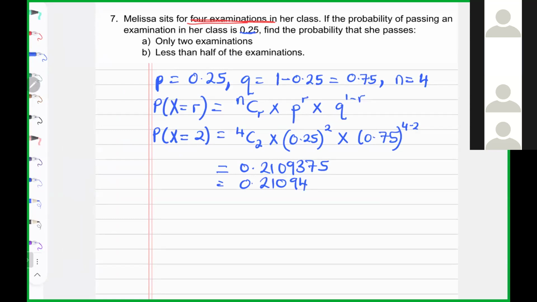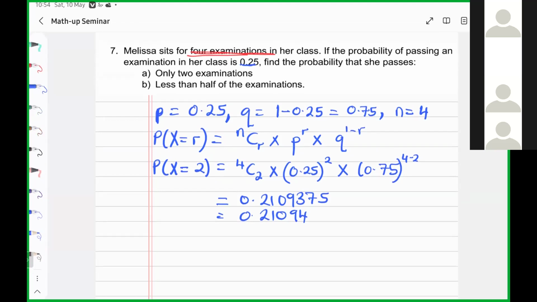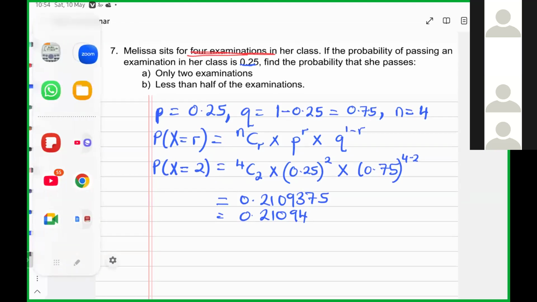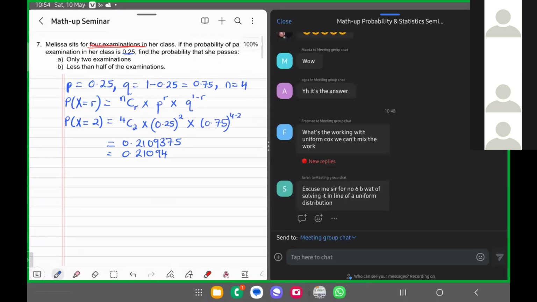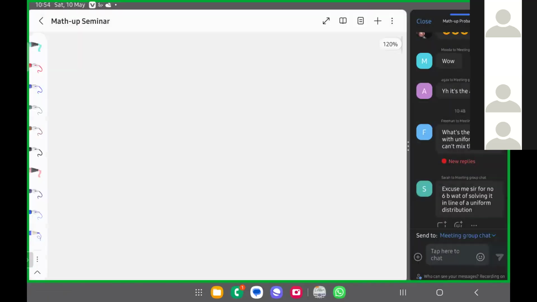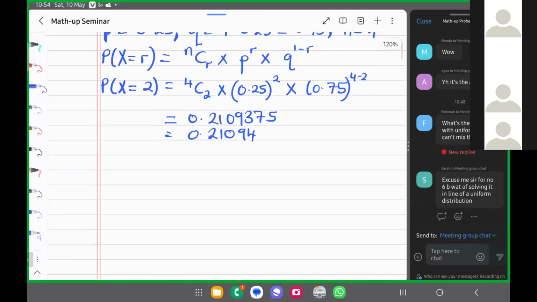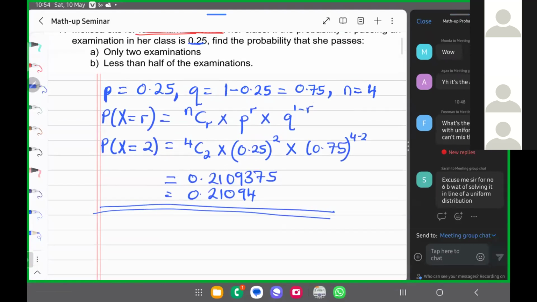But you could also use a logbook to read it off directly. I don't have a logbook here, but I guess those who have logbooks will get the same answer. So that's our answer for part A.